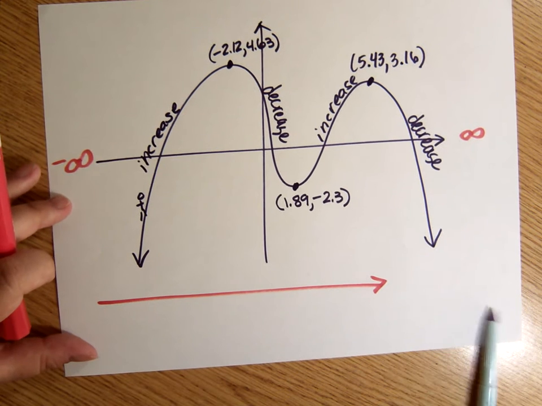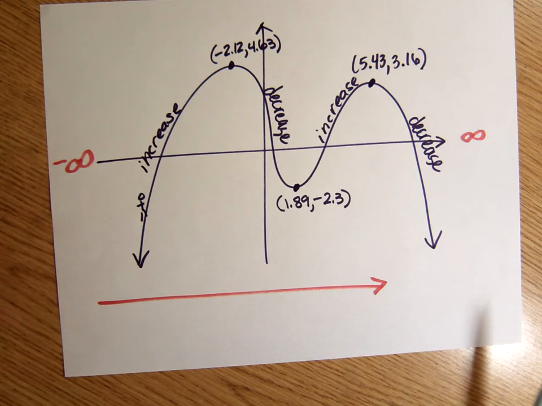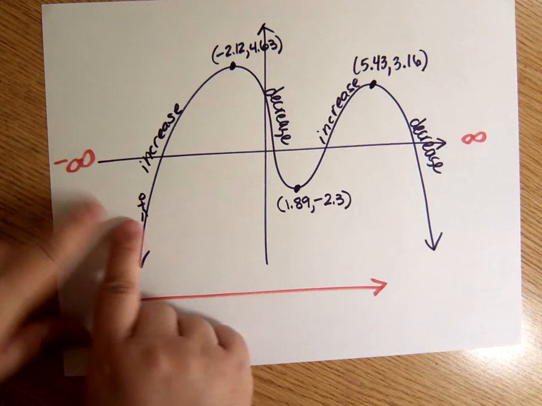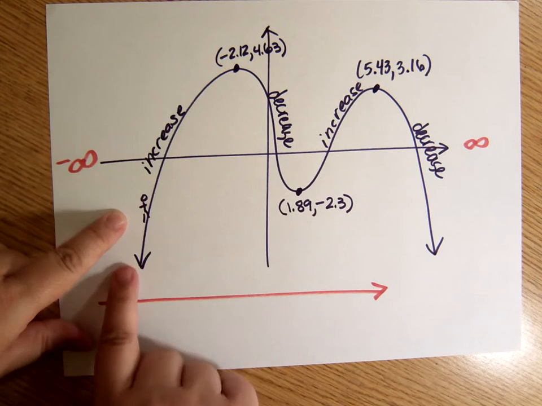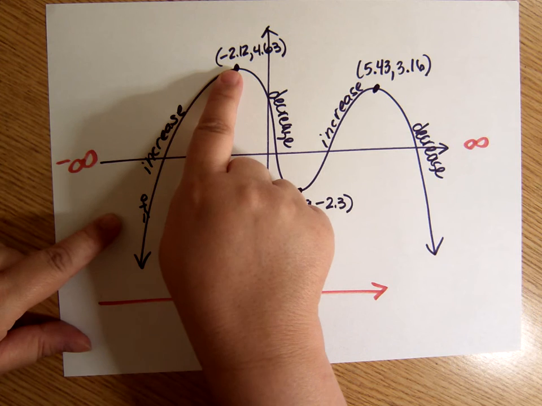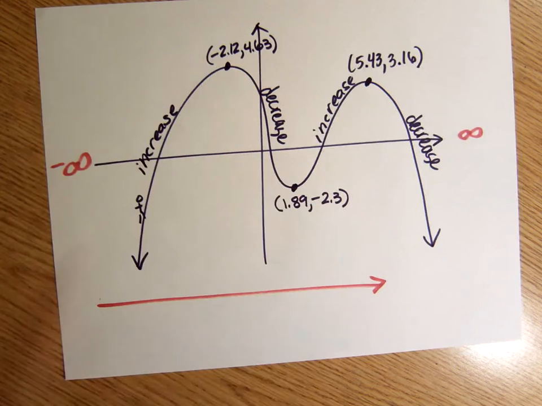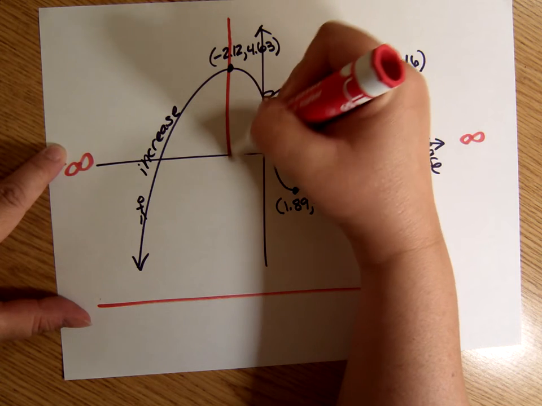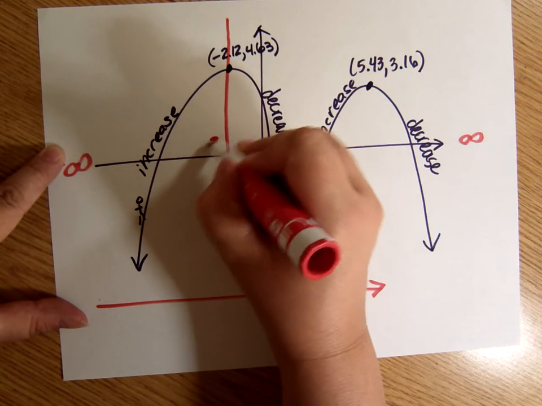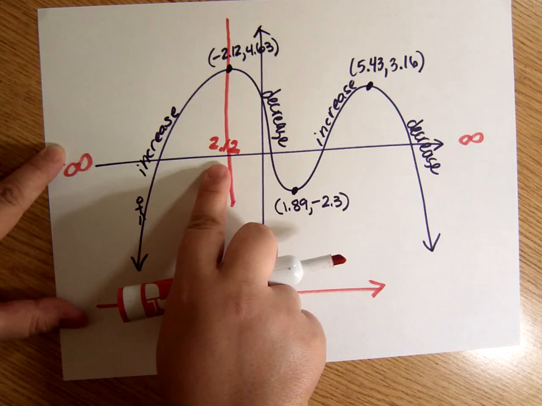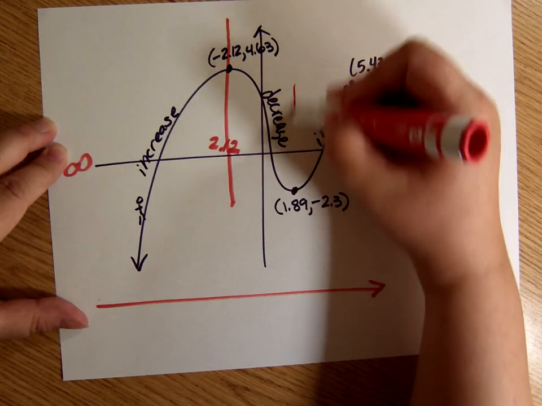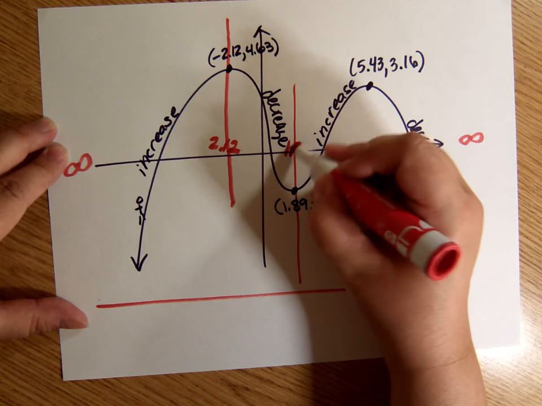Let's just talk intervals of increase and decrease. So once again, my guy's walking left to right. He's starting over here. He's going uphill. He goes uphill until he gets to this point. What part of this point do we care about? The x value. Because we're basically saying when he gets to the place where x is negative 2.12, something changes. And then still moving across the x-axis, when he gets to the point where x is 1.89, something changes.